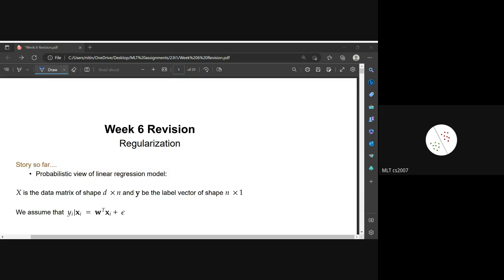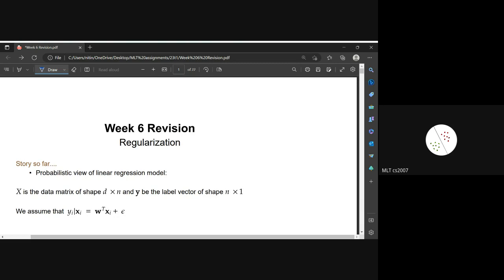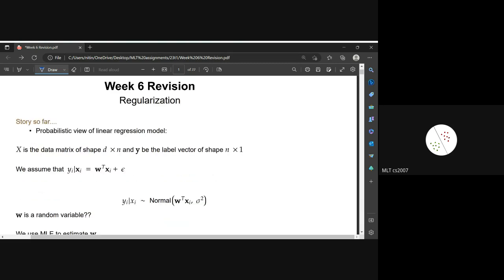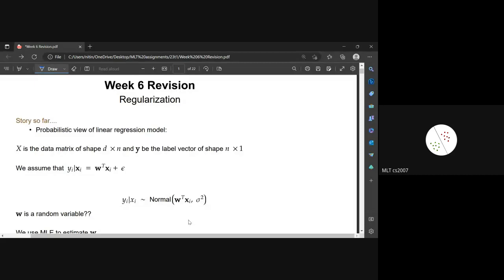In week 5 we saw the probabilistic view of the linear regression model as well, where we assume that our labels are associated with the features in some manner. So we are assuming that y comes from some function of x, but with some noise associated with it.